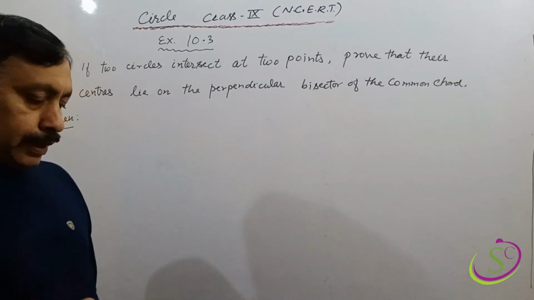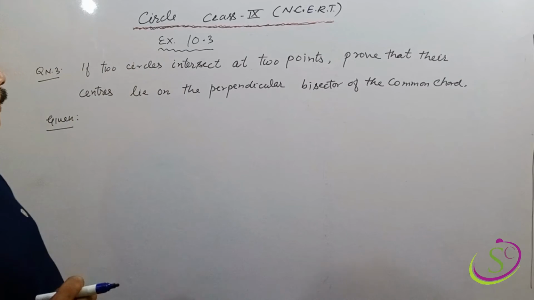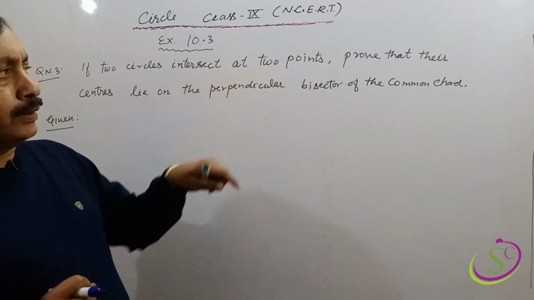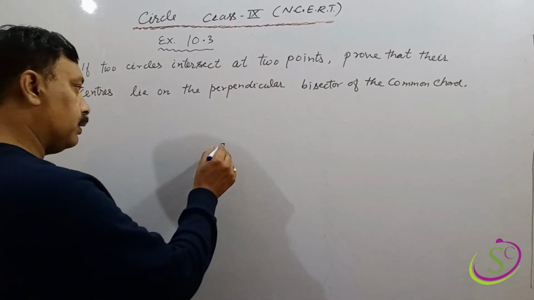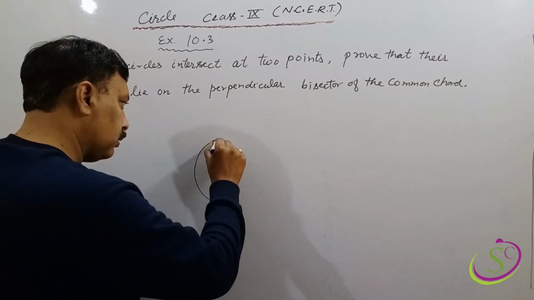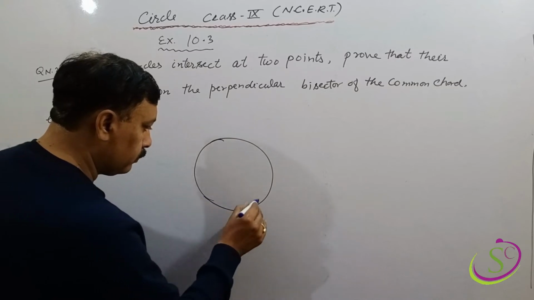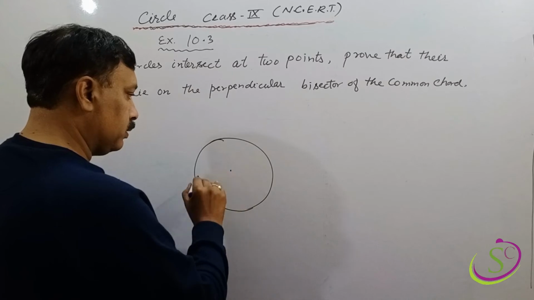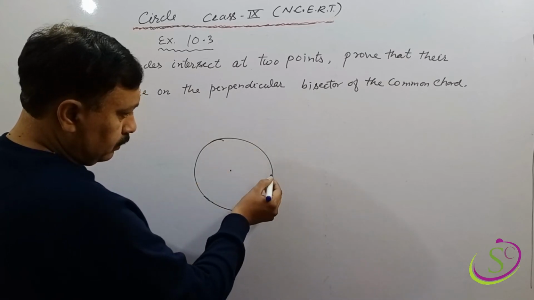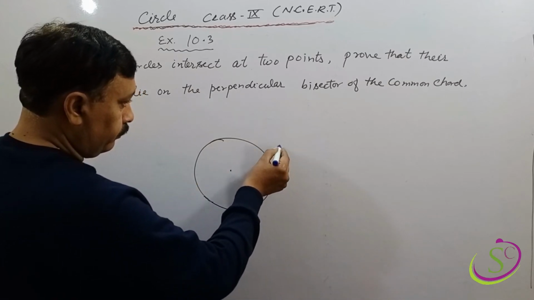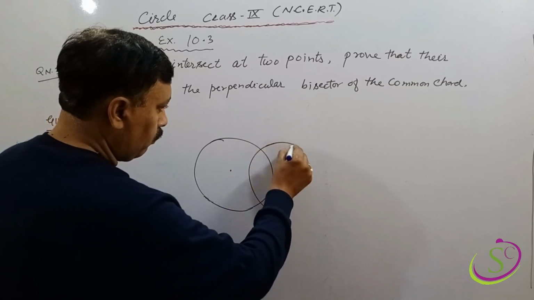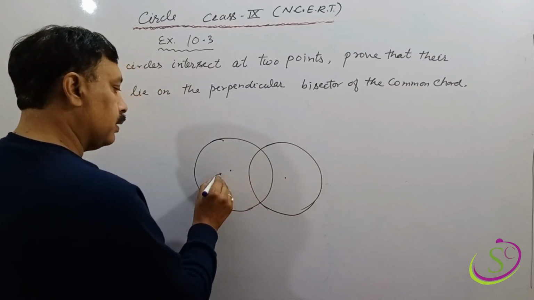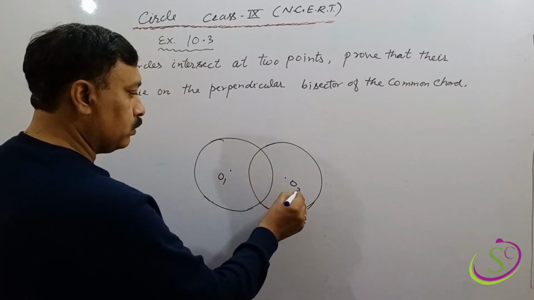Exercise 10.3, number three, is saying that if two circles intersect at two points, one circle is this and the center of this is O1, the other circle is this and the center of this is O2.